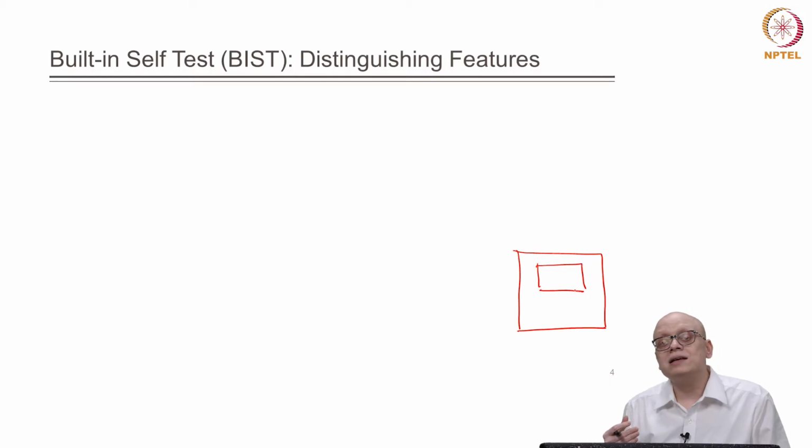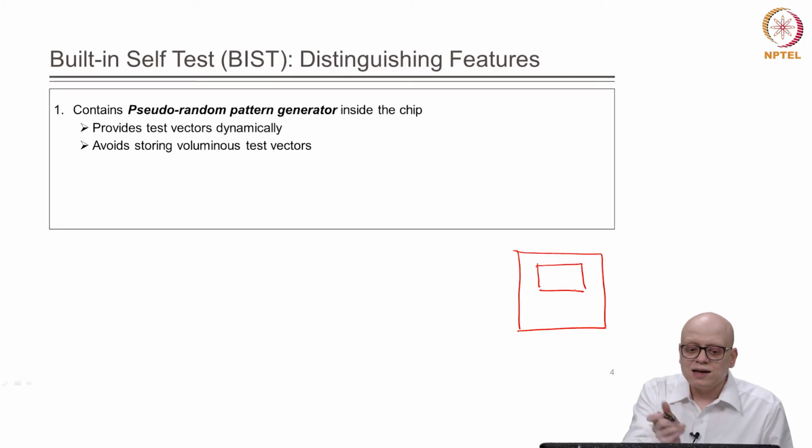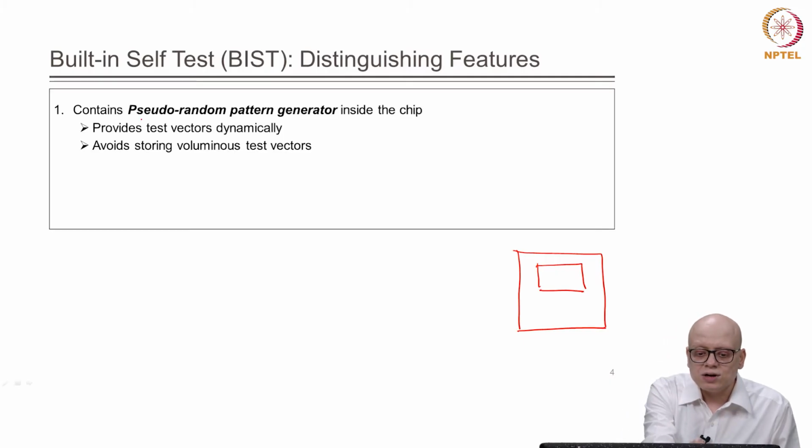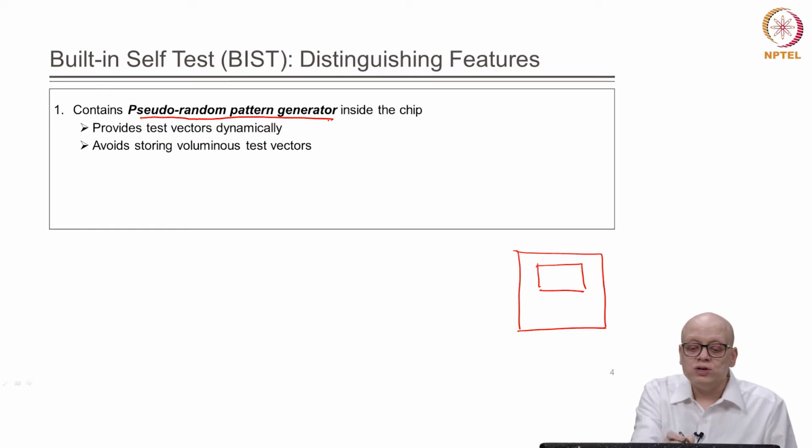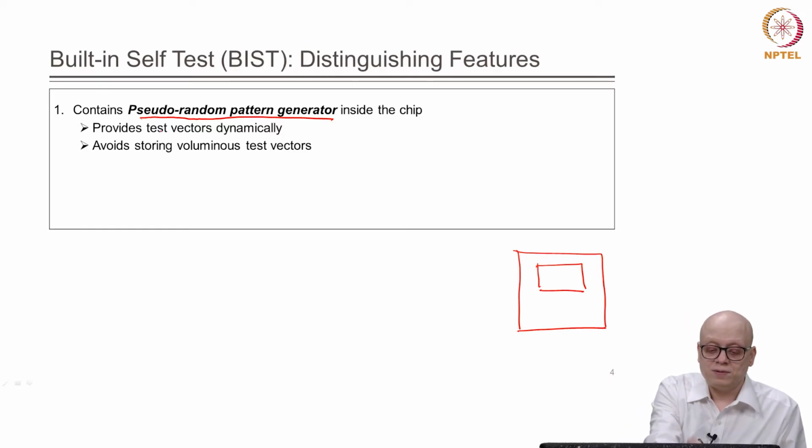And what are these extra features of BIST infrastructures? So, the first thing is that it contains a pseudo random pattern generator inside the chip. So, within our chip there are random pattern generators, and these patterns are actually used to test our chip.